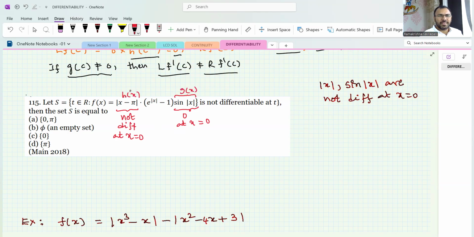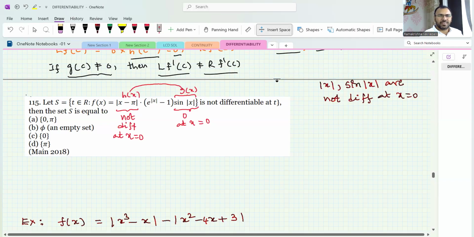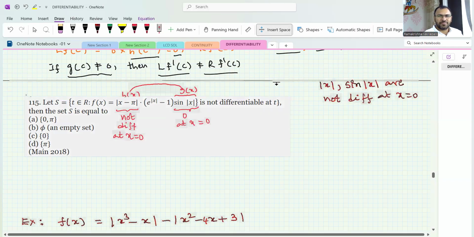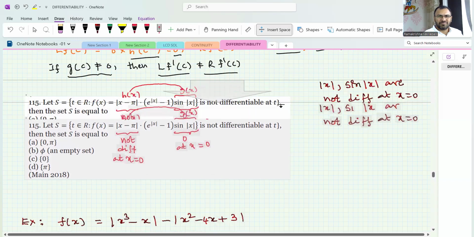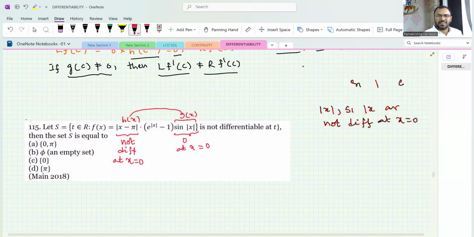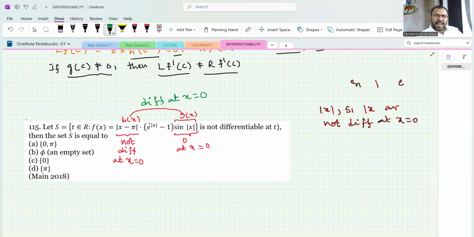Now this product is a differentiable function. This product is differentiable at x equal to 0. One is non-differentiable, another one is continuous, but at that point the other function makes it 0.